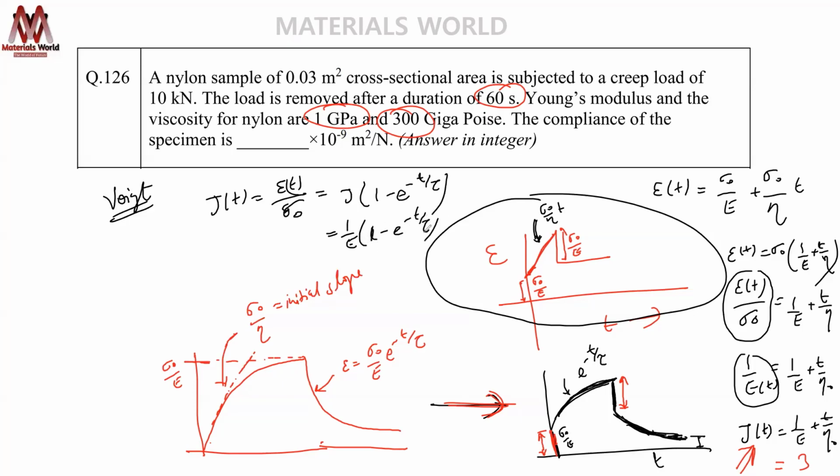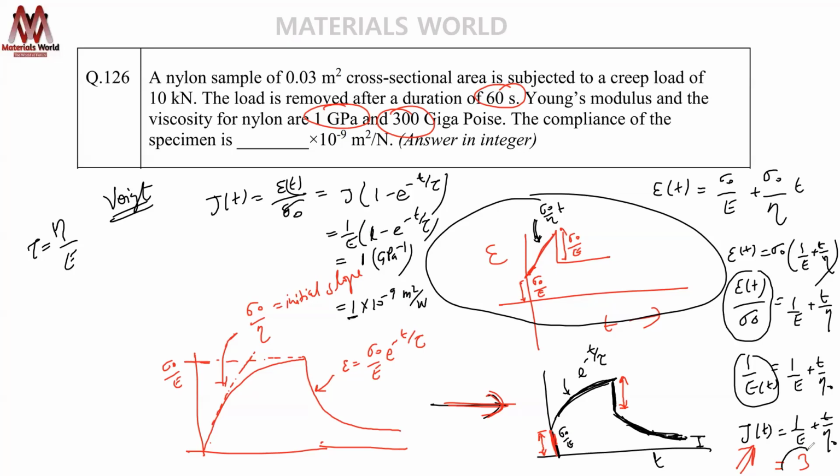Here you can put the E value, t value, and tau you can calculate as eta by E. So the compliance you will get is 1, which is 1 GPa inverse, nothing but 1 into 10 power minus 9 meter square per Newton. Newton per meter square is Pascal. So the answer here is 1.